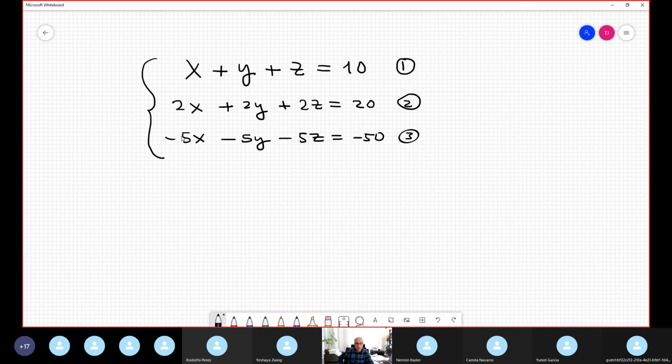It's like somebody did the multiplication by 2, no? In the third one is negative 5, negative 5, negative 5, and negative 50. Somebody multiplied the first equation by negative 5. So what do you think about this system? No idea.